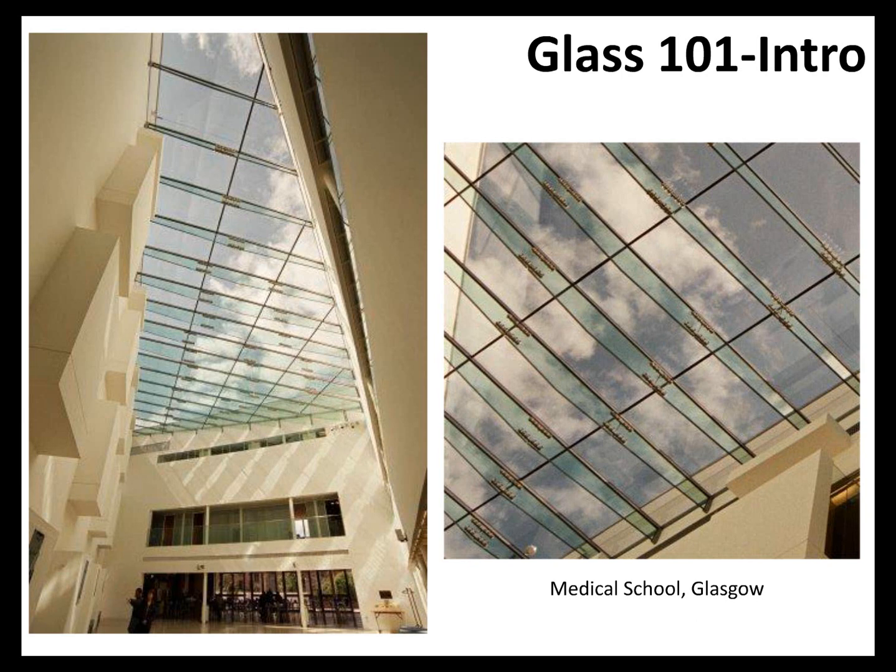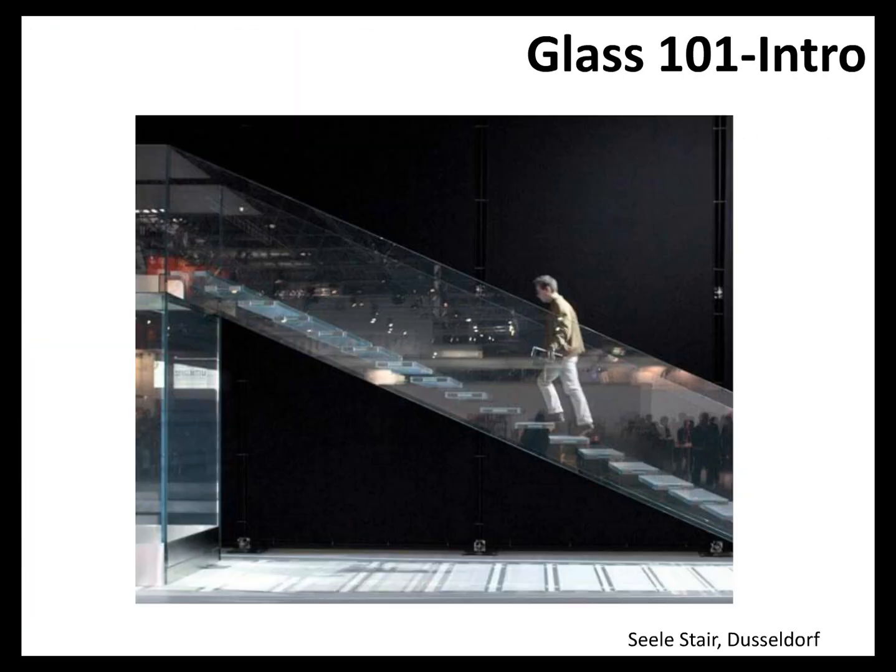This is a canopy, or a glass roofed area at a medical school. And here we have glass beams that support glass roof and skylight elements, and this gives you this fully transparent look. There's no steel or larger structural elements that are restricting your view to the outside world.